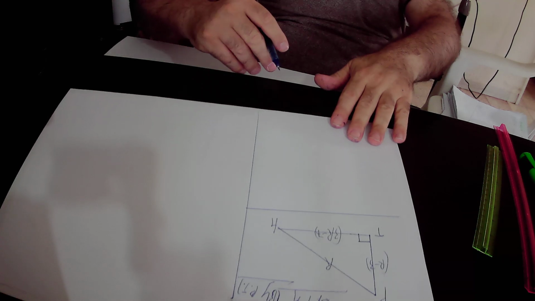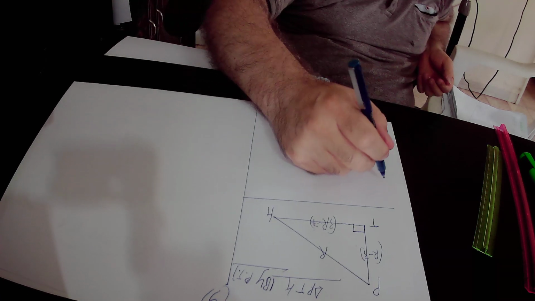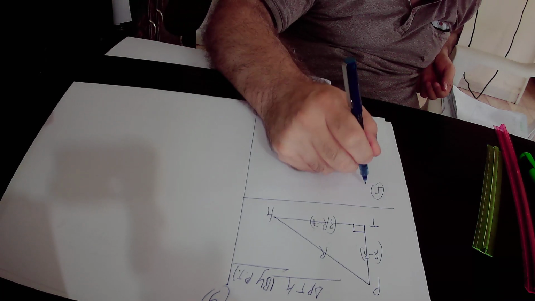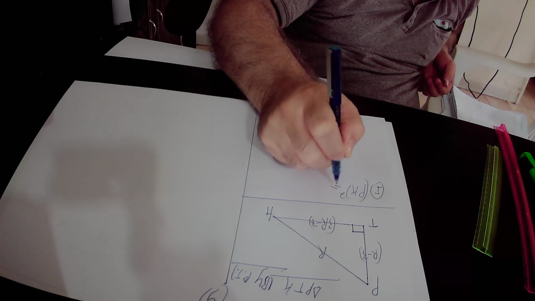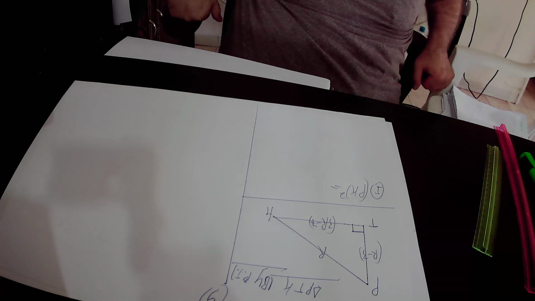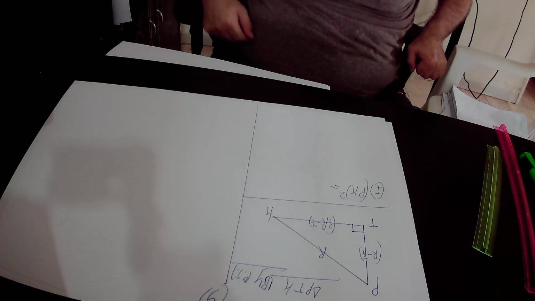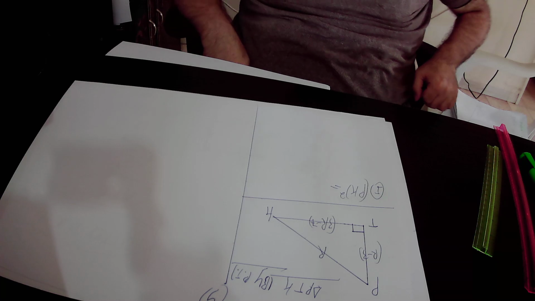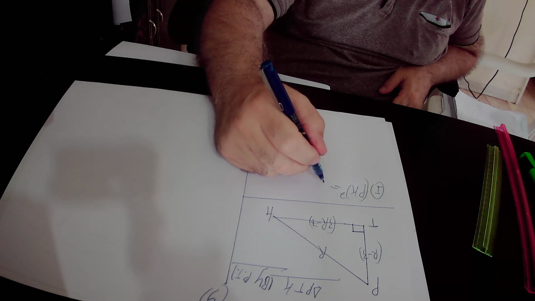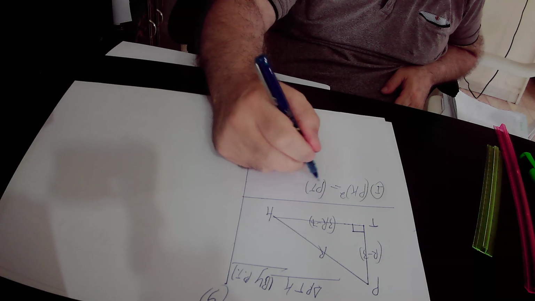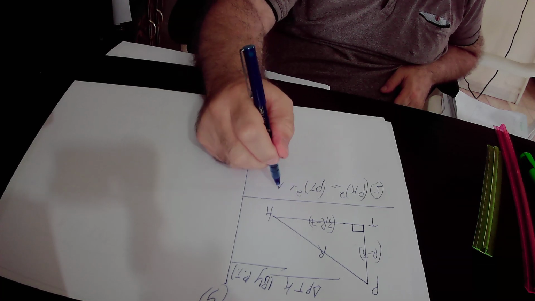The hypotenuse is PK, therefore the square of the hypotenuse is PK squared. That is equal to the sum of the squares of the perpendiculars, that is to say, PT squared plus TK squared.